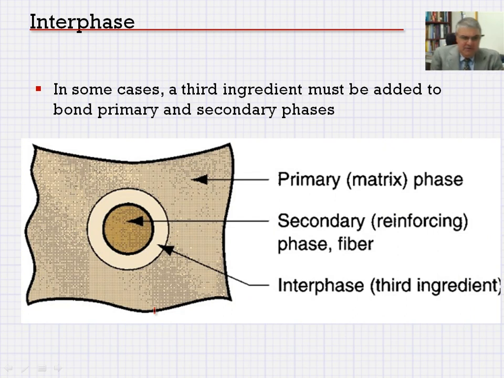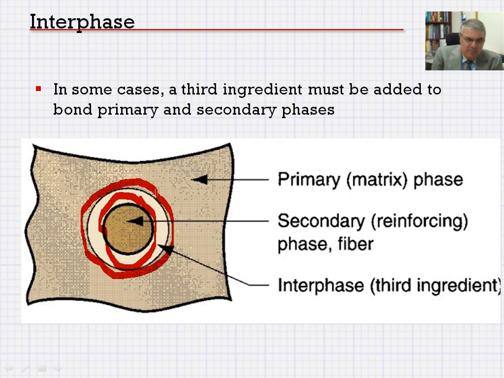In some cases, we also add a third ingredient here. That is called the interface, but in this case, the interface is actually much larger. And again, with this one, we are going to have most of the issues with, again, debonding of the interface from the matrix itself, and so on.